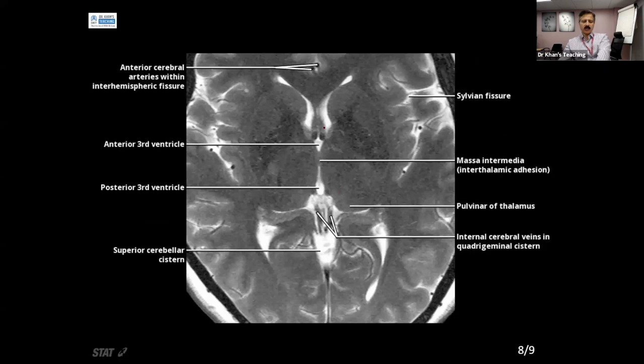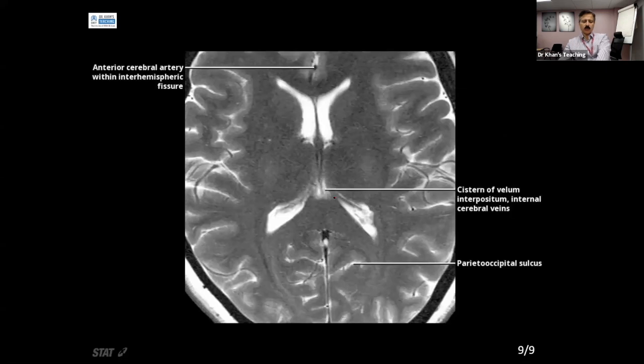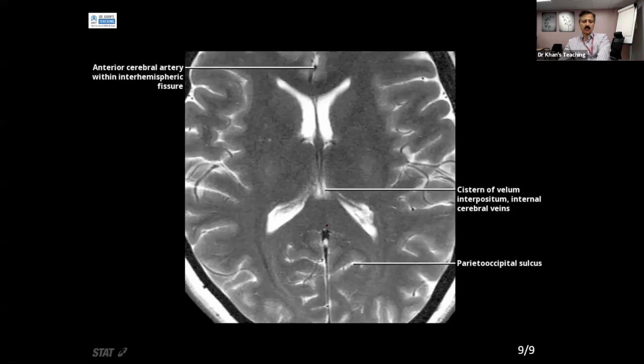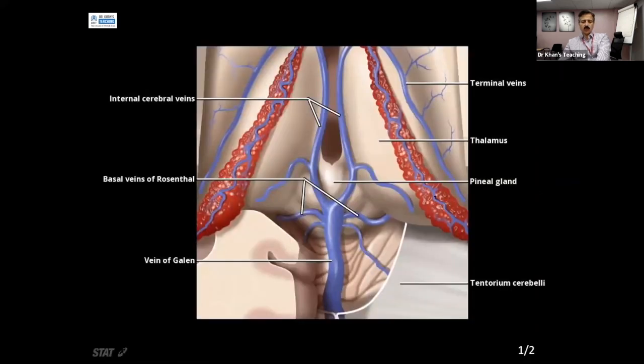And the third ventricle here, foramen of Monro. These are the internal cerebral veins in the quadrigeminal cistern. This is the cistern which was just underneath the splenium of the corpus callosum, somewhere here. And this is the cistern of velum interpositum. This is just before it enters the quadrigeminal cistern. So look at these veins, and these are the exam veins I was talking about.